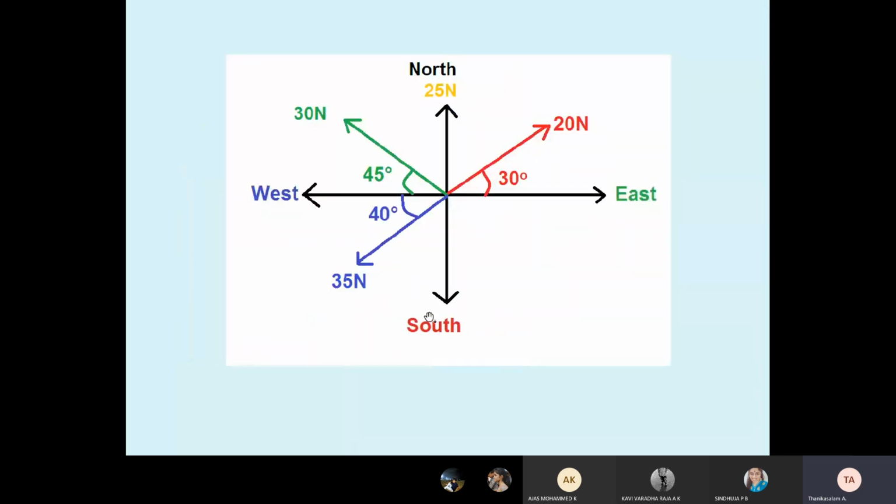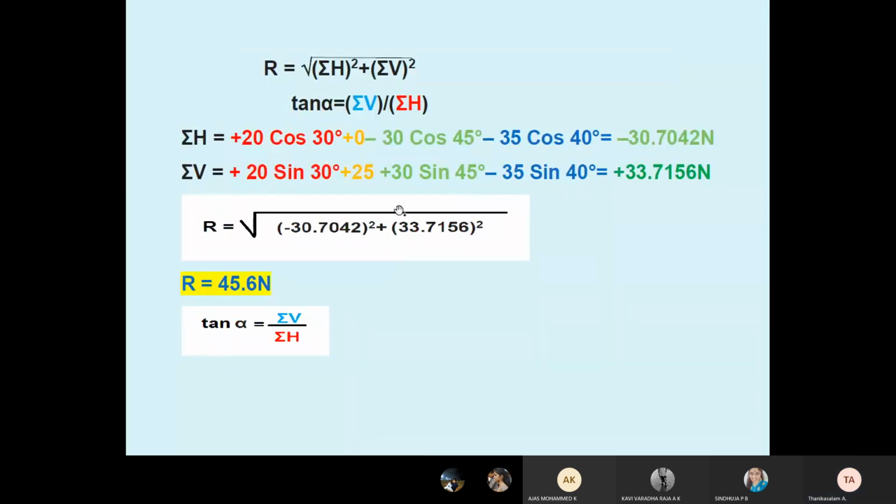Minus, because this is the third quadrant: minus 35 sin 40 degree. Then use the calculator to get the answer. Summation of x is minus 30.704, summation of y is plus 33. So x is minus, y is plus. After applying everything, you get the resultant, 45 Newton.